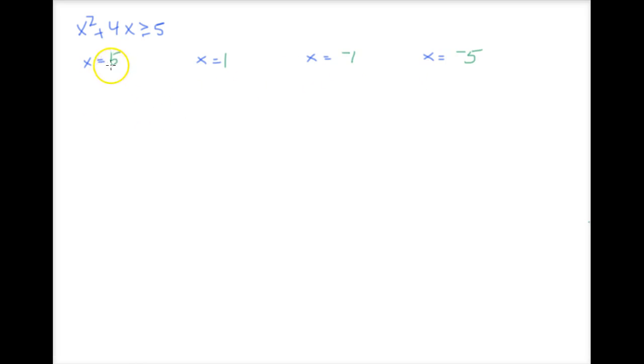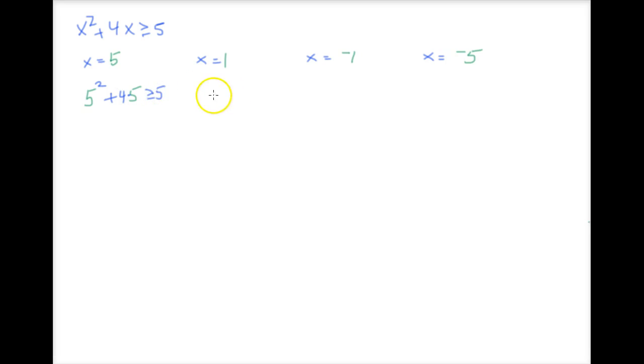So now we're going to substitute 5 in for x, in these two places. Then this is 5 squared plus 4 times 5 is greater than or equal to 5.